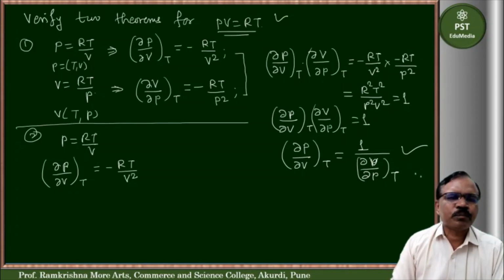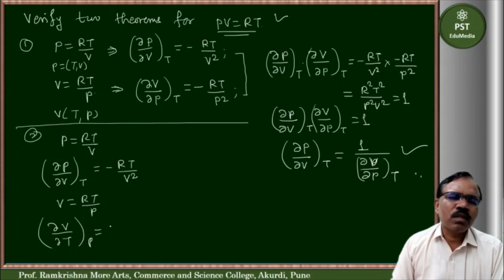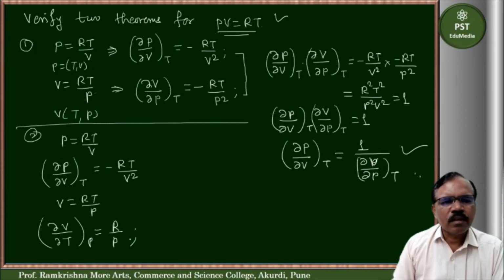We know this. Then V by T. We can write V is equal to RT upon P, so ∂V/∂T at constant P is equal to R by P.